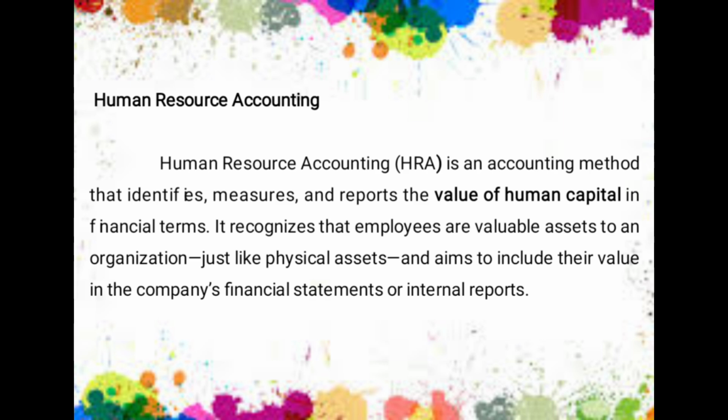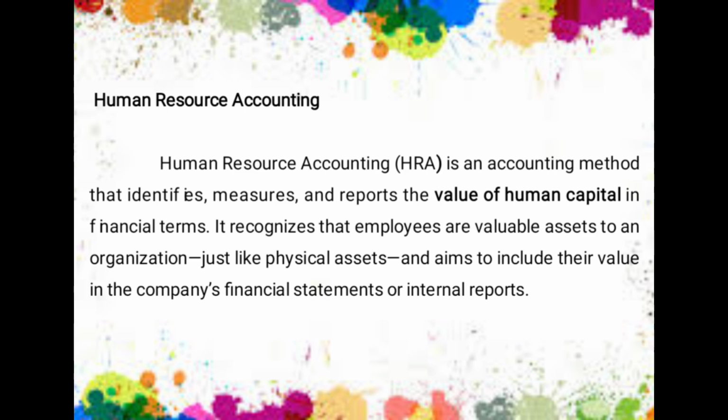The historical cost method measures the actual cost spent on recruiting, training, and developing employees. The replacement cost method estimates what it would cost to replace an existing employee with someone of similar capability.